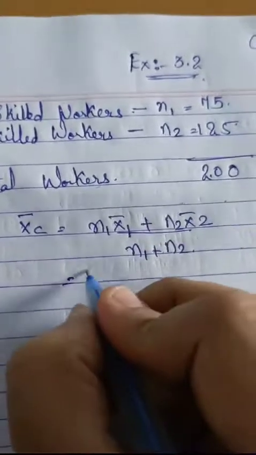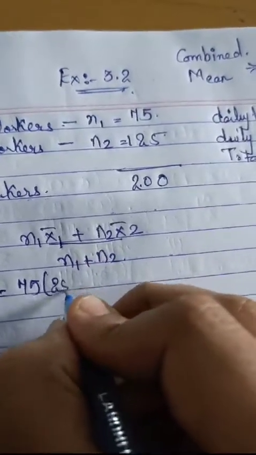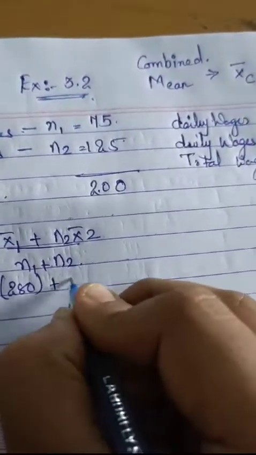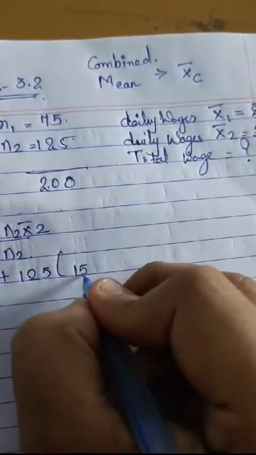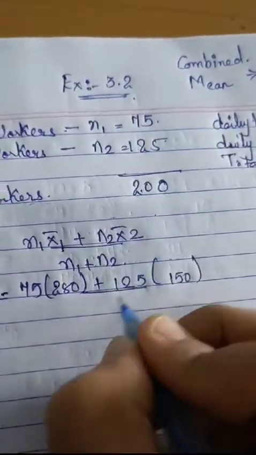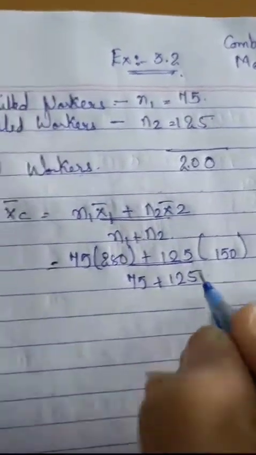So n1 is 75 into mean 1, that is 280, plus n2 is 125, mean 2 is 150, divided by n1 is 75 plus n2 is 125.